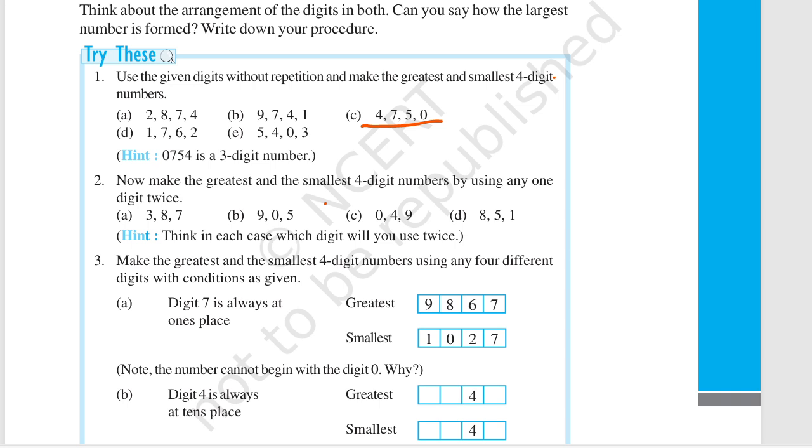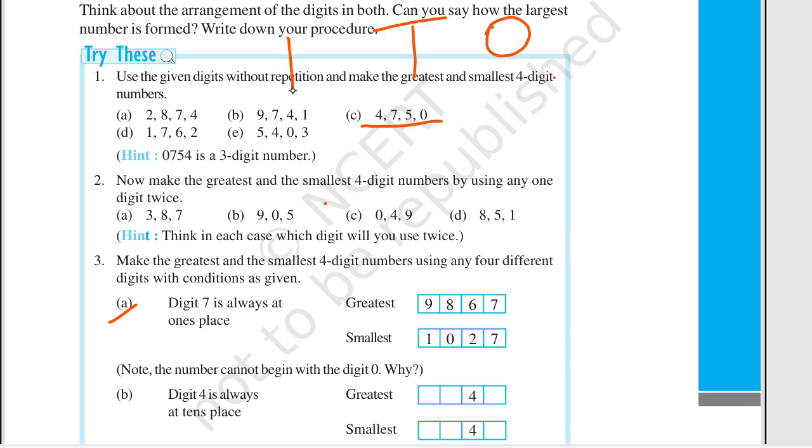For example, let's take number 1, A. Digit 7 is always at the ones place. So, if I write it down, the place value line means ones, tens, hundreds, thousands. Because we have to make four digit numbers, we write ones, tens, hundreds, thousands.